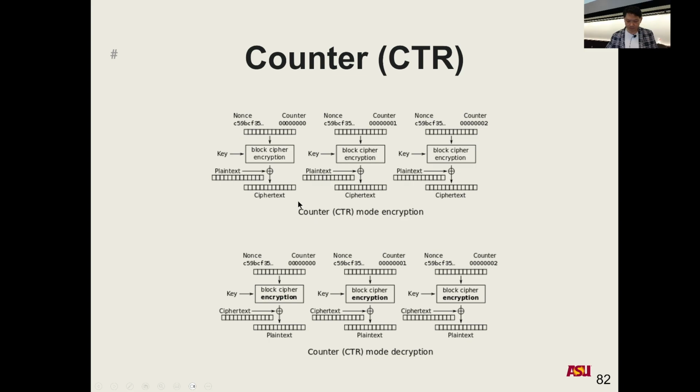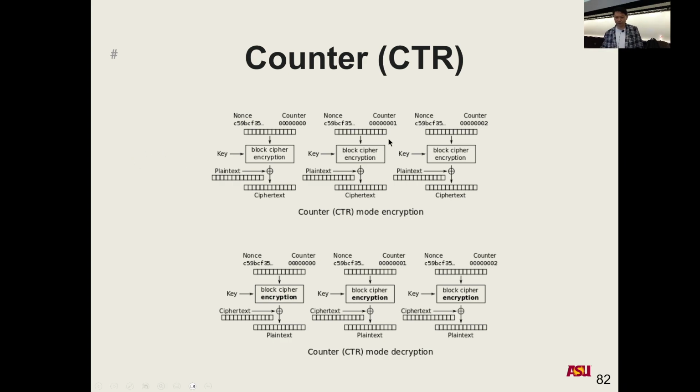In this case, for the plain text, there is some counter here, 0, 1, 2, with a nonce. What's the meaning? The input plain text will be manipulated, will be changed. So in terms of the user, we input the same text, but the text will be manipulated with the nonce and counter. Here, the nonce can be the same, but the counter is different, it increases, right?